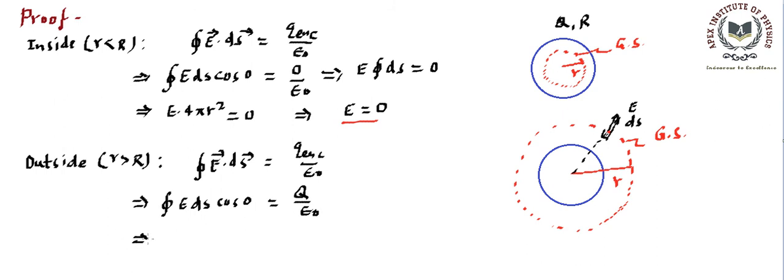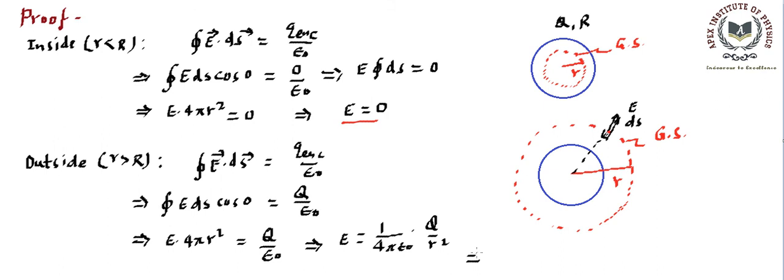After simplification, we will find it's E into the integration of ds as we had earlier, so it becomes 4 pi r square. So 4 pi r square E is equal to Q upon epsilon naught. After simplification, E is equal to 1 upon 4 pi epsilon naught, which is K, into Q upon r square.